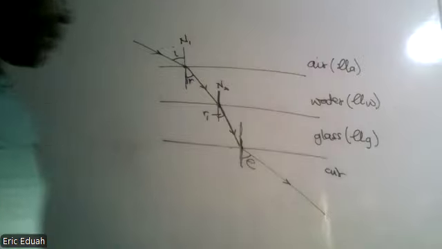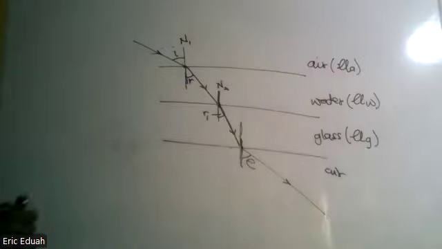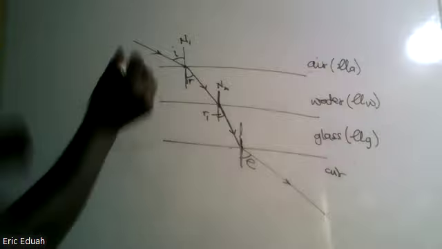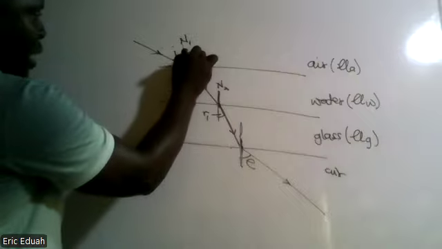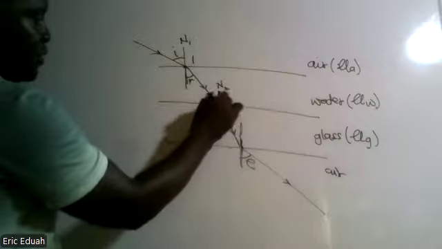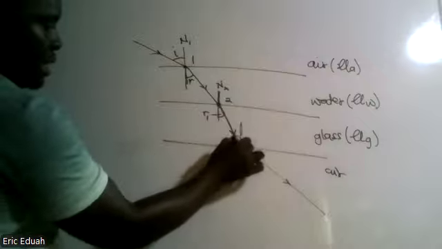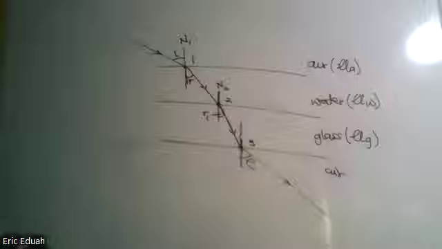So, as I said, refraction occurs at the boundaries. This is boundary 1, boundary 2, and then the third boundary.